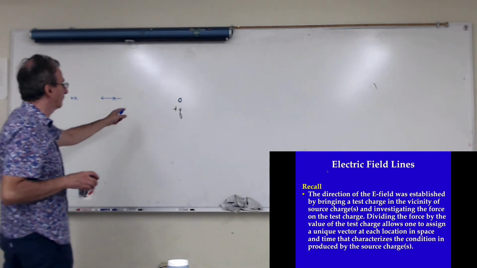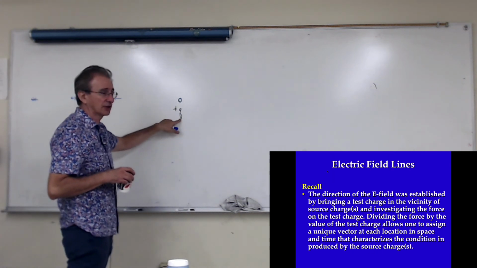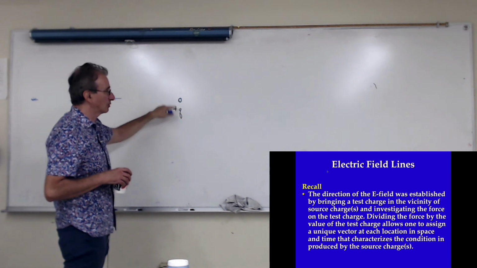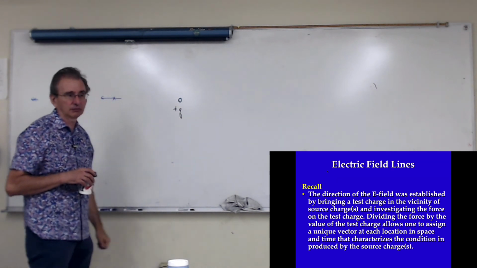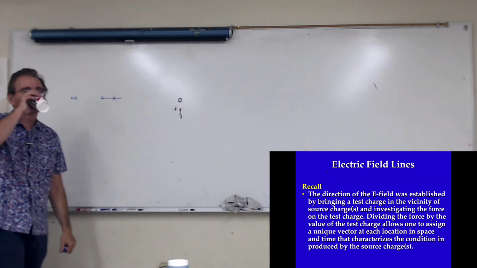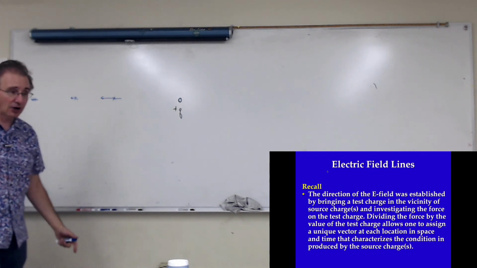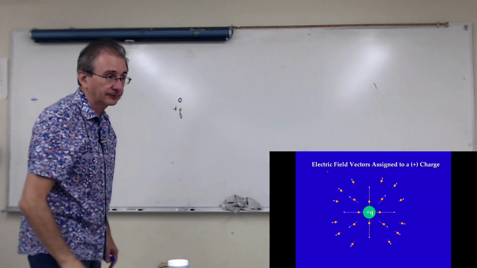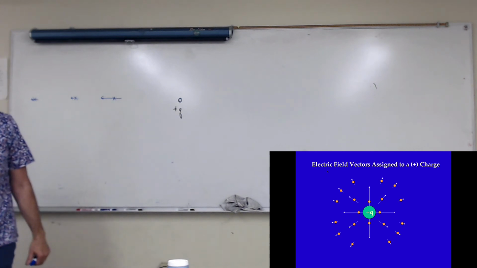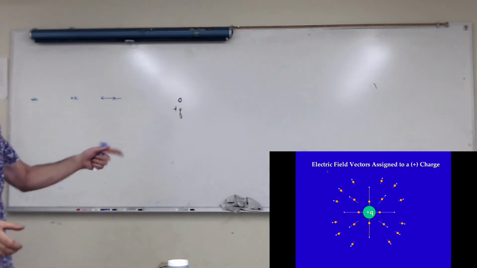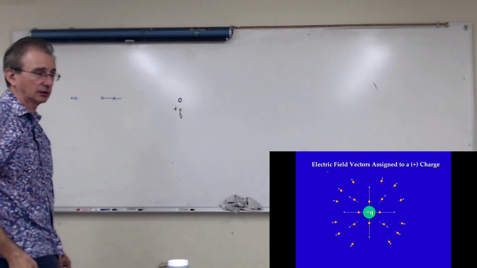So I can define a unique vector everywhere in space that characterizes the condition this charge produces in space and time. So I can draw a picture, as you see in that slide. Those are electric field vectors assigned in space as a result of a positively charged particle.